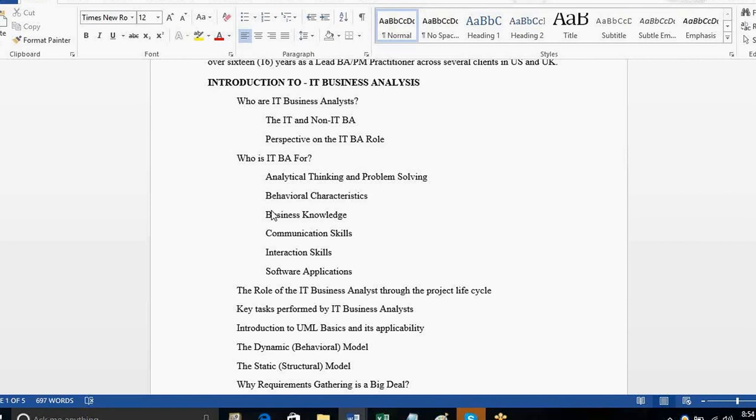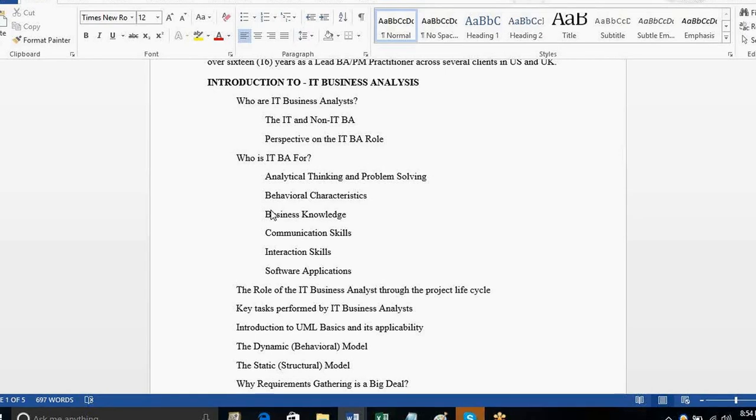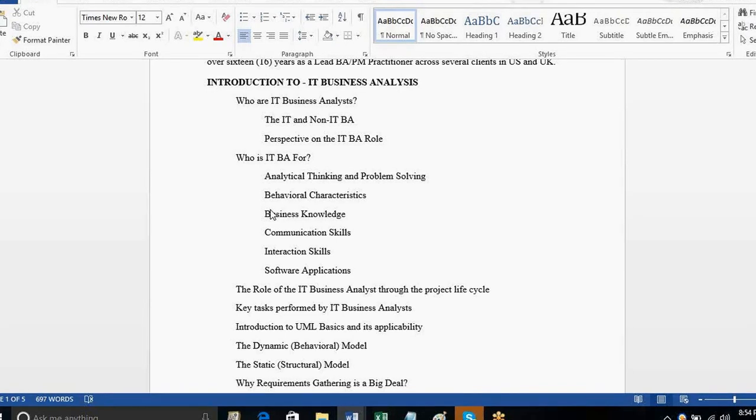So the behavioral characteristics of a BA is somebody who's really outspoken, who can really interact, has no hesitations whatsoever to talk to any level of folks within the organization, right? So sometimes you may have to sit down with a senior VP who has this vision of building a system, an HR system that could be for some pre-approval of a certain overhead cost within the organization, right?